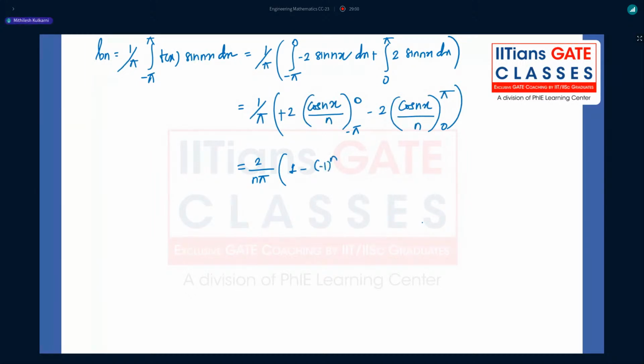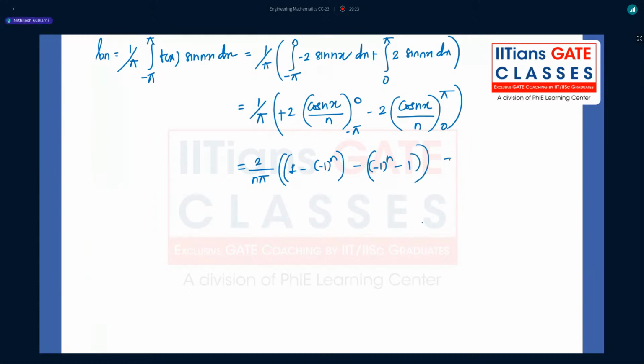So this bracket is for the first term. For the second term, again cos n pi is minus 1 raised to the power n. Depending on the value of n, we have different values of cos, either minus 1 or plus 1, and cos 0 is 1.